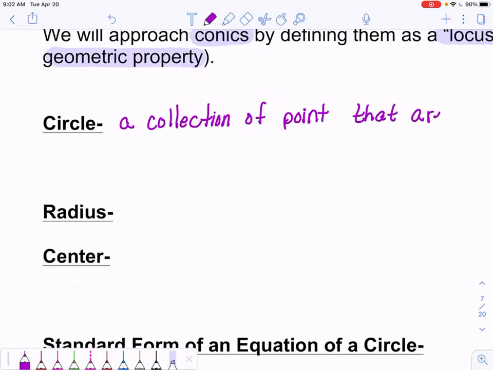So a collection of points that are equidistant. That means equal distance, but this is an actual geometric term. I'm not making this up and I'm not spelling it wrong. The same distance, so a collection of points that are equidistant from a fixed point.